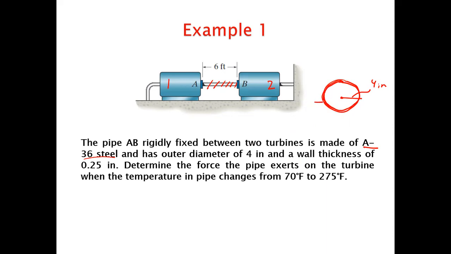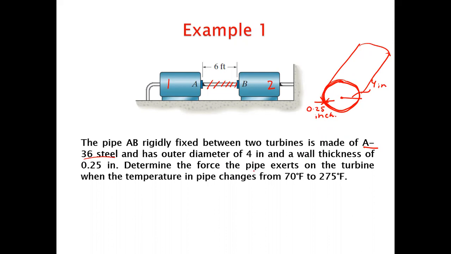Basically this thickness is 0.25 inch. This is the cross section of a pipe. So the outer diameter is 4 inch and the thickness is 0.25 inch.